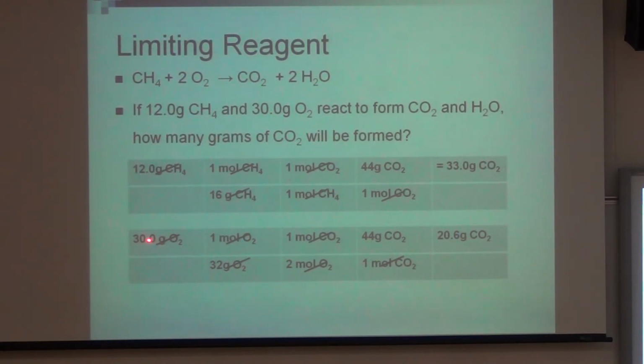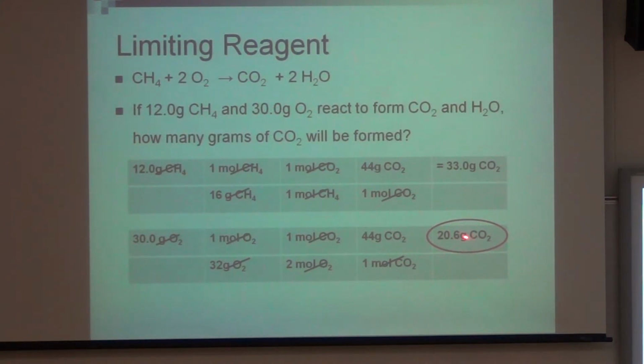Well, we're going to go from mass of oxygen to moles of oxygen to moles of carbon dioxide, and then finally moles of carbon dioxide to mass of carbon dioxide. Our smaller answer is 20.6. So please circle it. Circle your smallest answer when you do these.